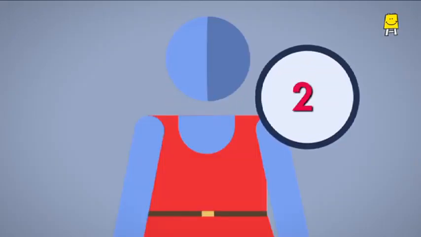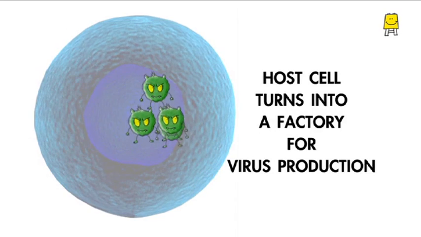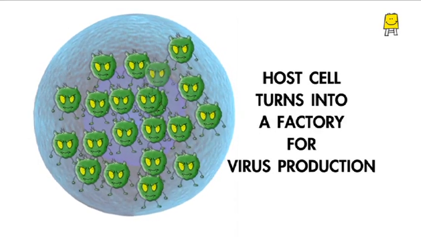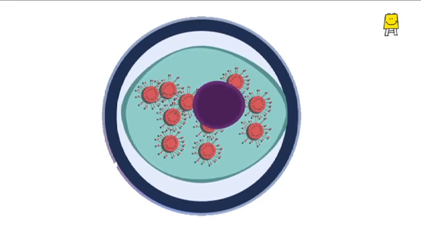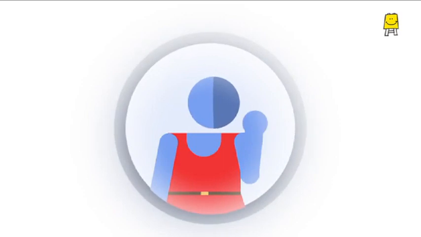Viruses replicate in two ways inside host cells, but we will talk about that some other time. The host cell turns into a factory for the production of the virus. The number of viruses keeps increasing inside the host, and more cells get infected and die. Symptoms of the disease appear in the host organism.